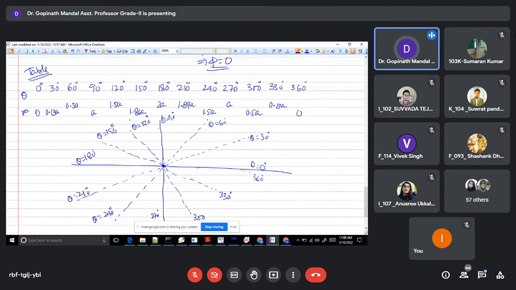Now at theta equal to 30 degrees, if we take r equal to a, the point will be here, 0.13a. At theta equal to 60 degrees, r is 0.5a, so the point will be here.